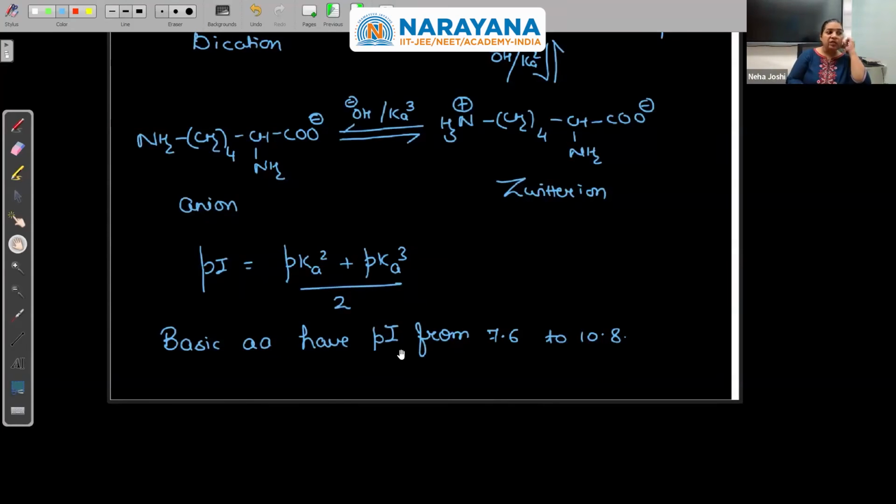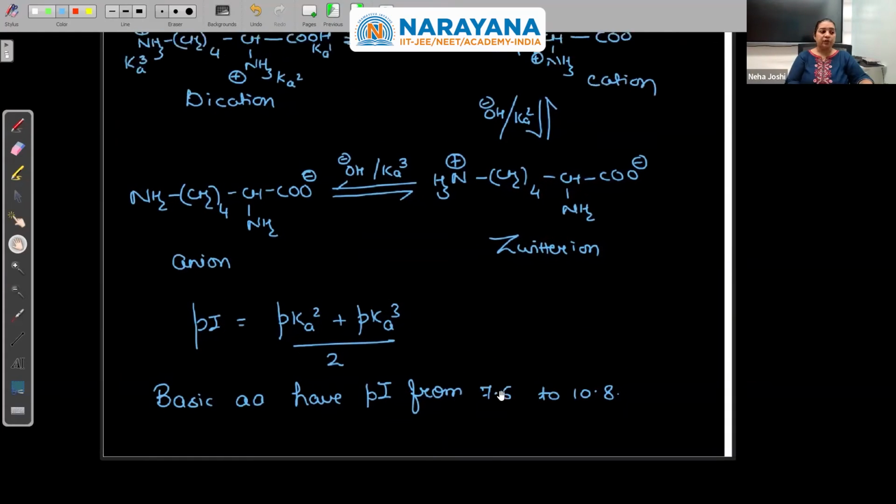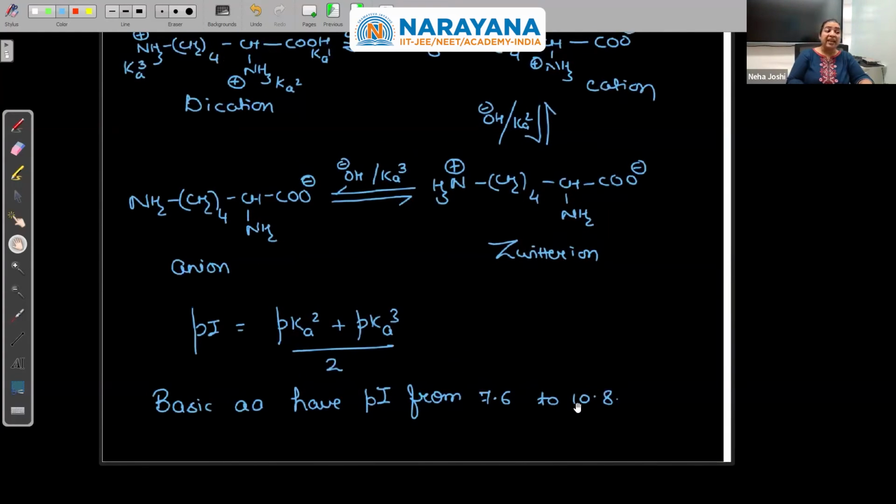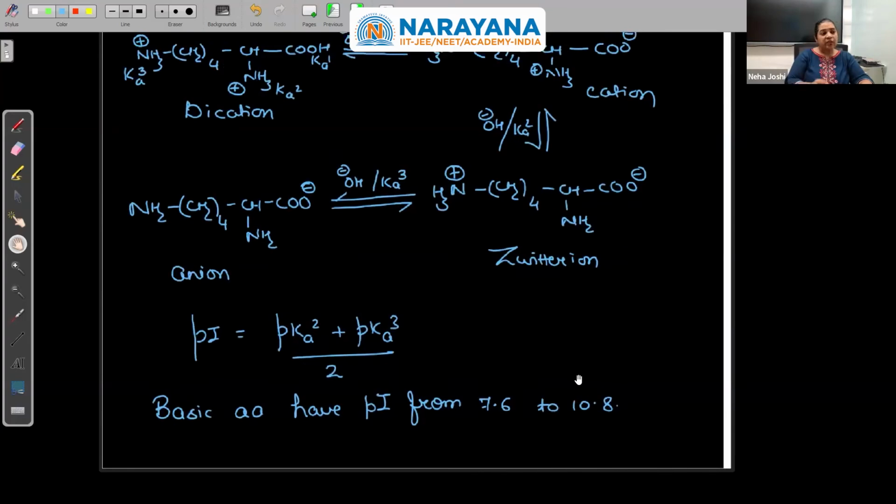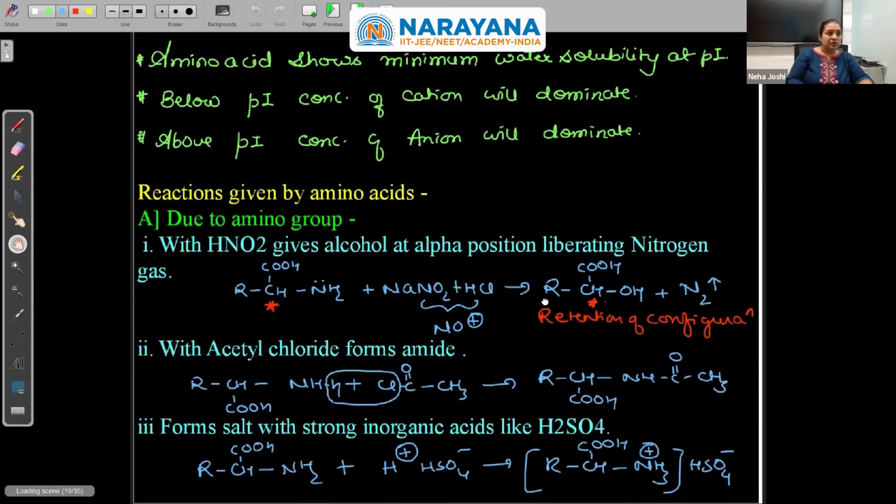So basic amino acids have an isoelectric pH from 7.6 to 10.8, which is greater than 7. And out of these, this 10.8 will be of which one? Arginine, the one which is the most basic amino acid.